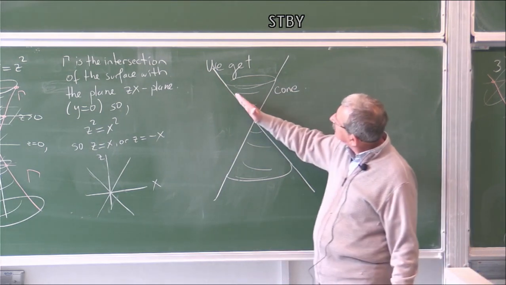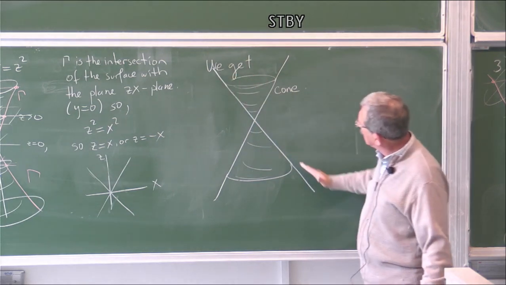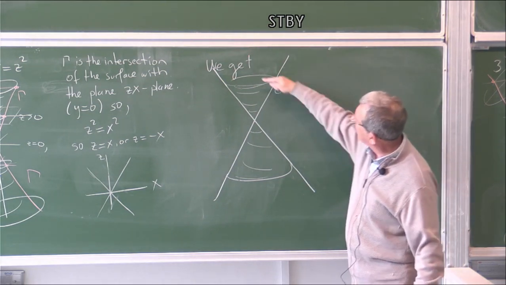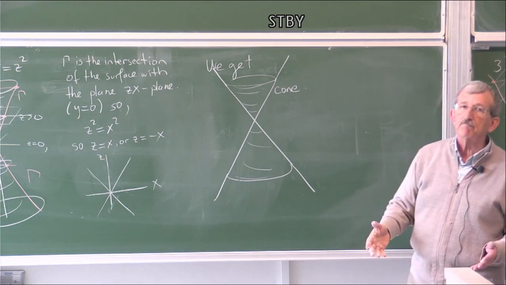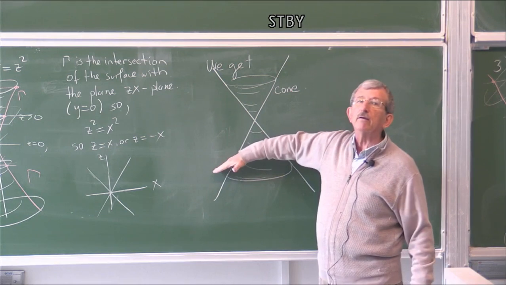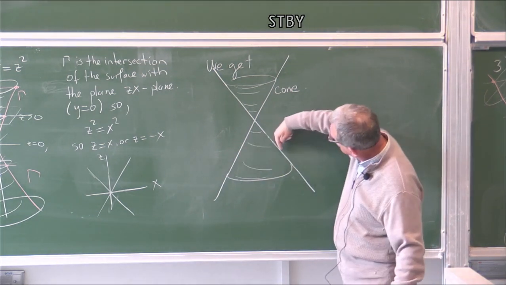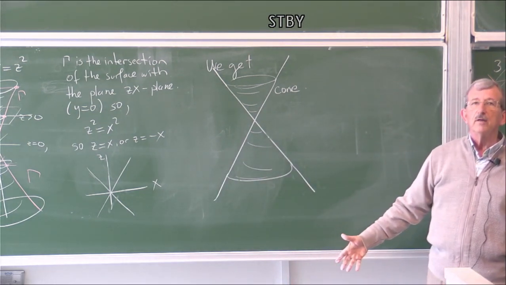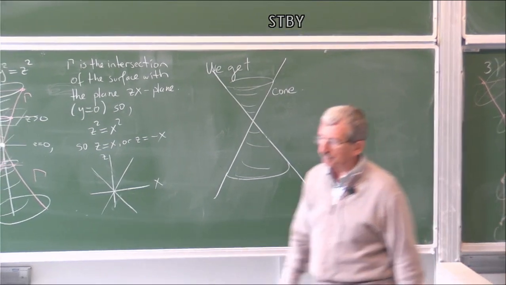Intersect it with a plane parallel to one side, something like this. The curve you get is called a parabola. Intersected with a more horizontal looking plane, you get something like this, which is not a circle anymore, it's an ellipse. That's why they are called conic sections.